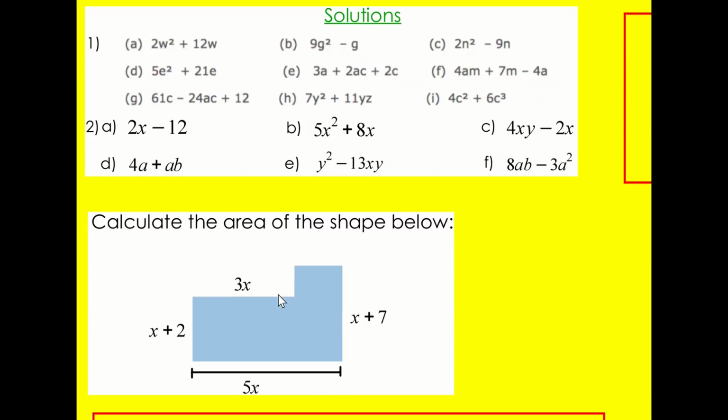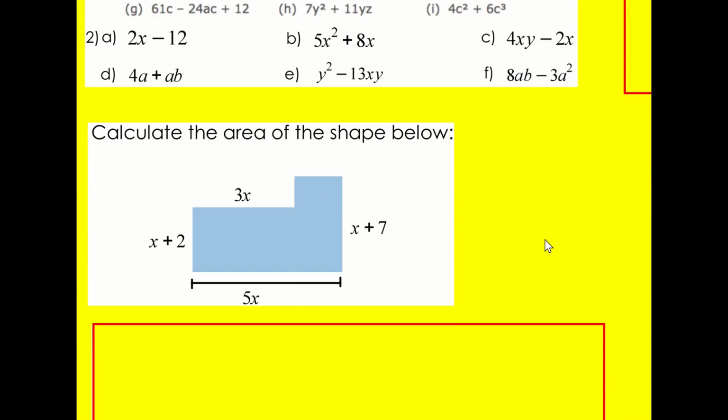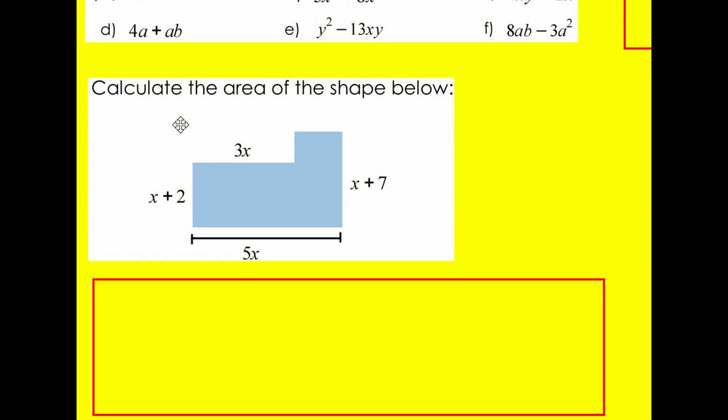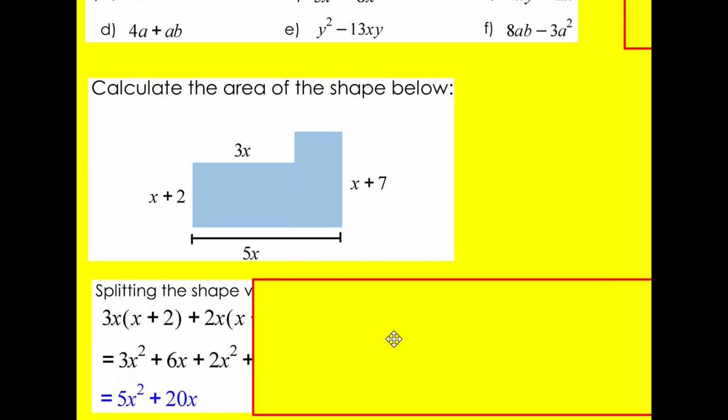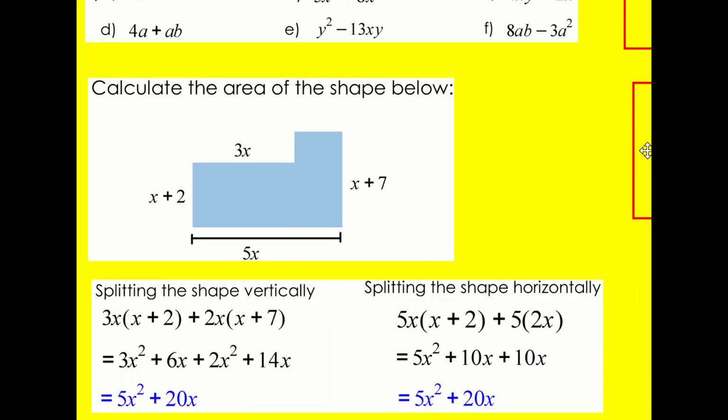To finish, a few extension questions. Can you calculate the area of this shape below? It's a compound area question, and it's all in terms of algebra. Give it a go. Well, here's the solution. You could either split the shape vertically, which is what they're doing on the left-hand side, which creates this double bracket.